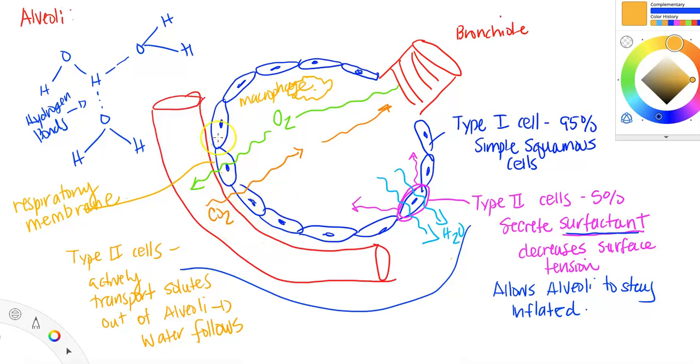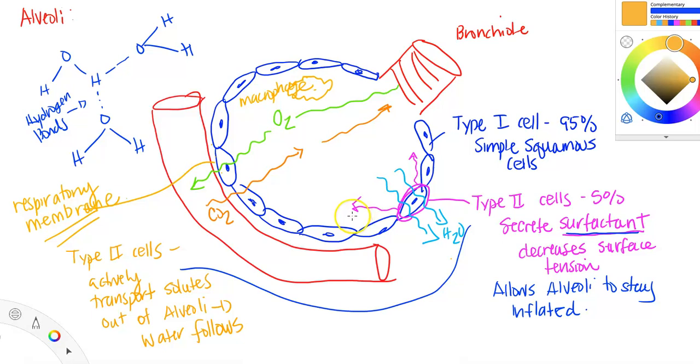So there's the cells here, the basement membrane, and then you've got the cells of the capillaries here, and they come together and create this specialized membrane called the respiratory membrane, and this is where gas exchange occurs.